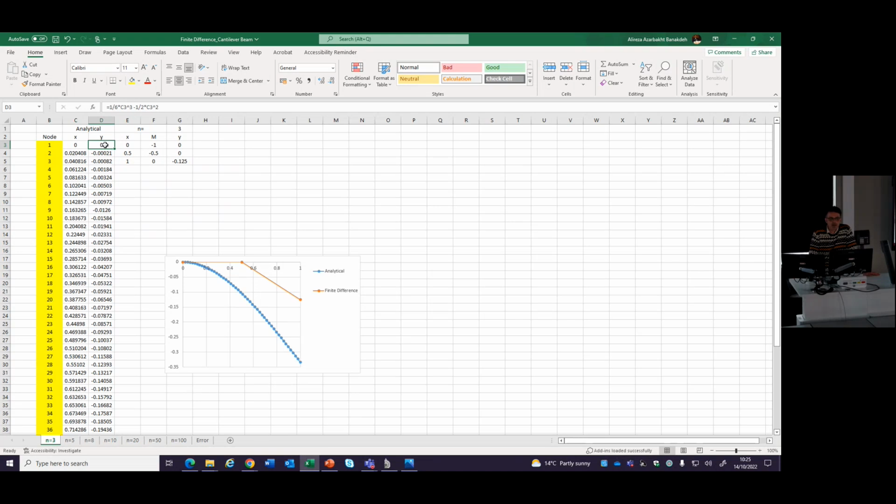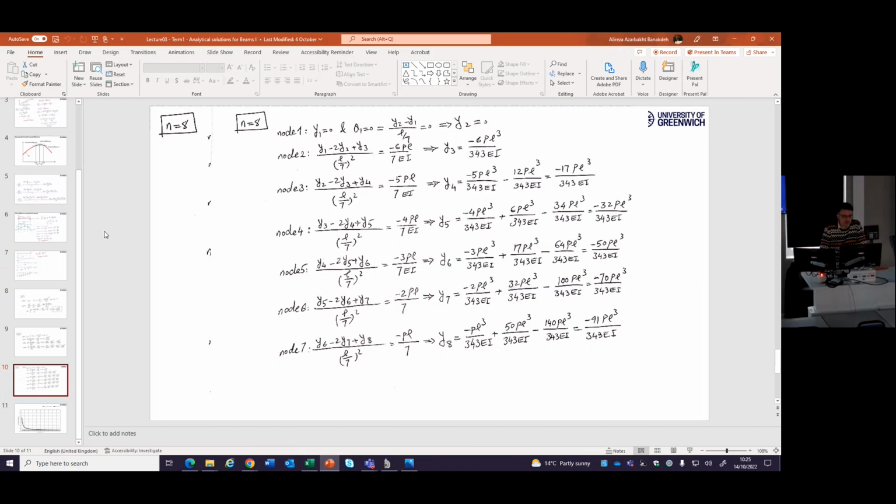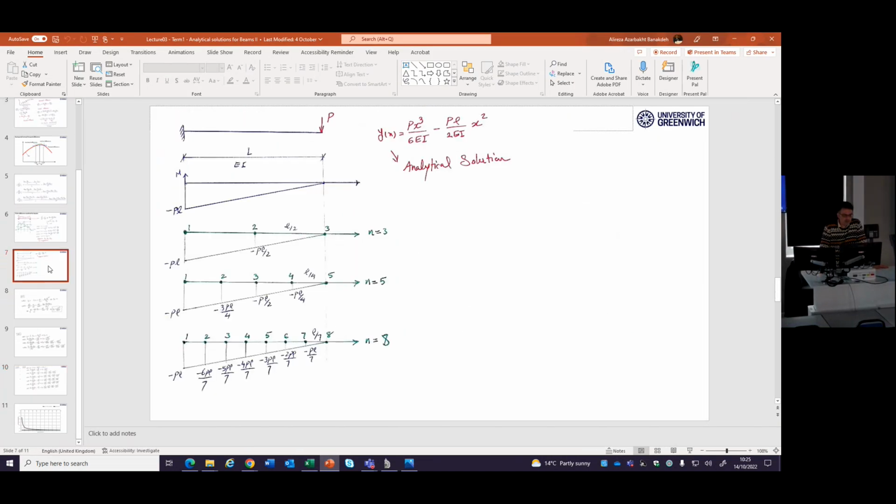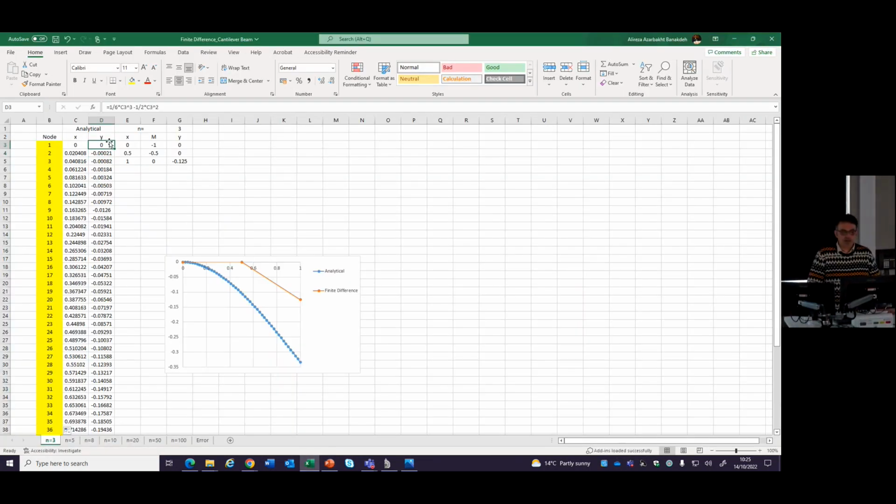So what is Y? I got it from the analytical solution, right? Px^3 over 6EI. See? This is the first one: Px^3, this is x powered by 3, over 6EI.